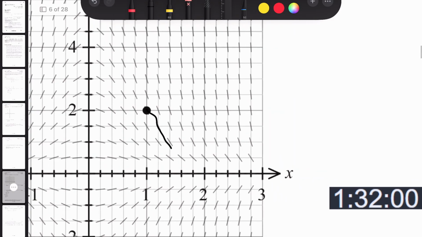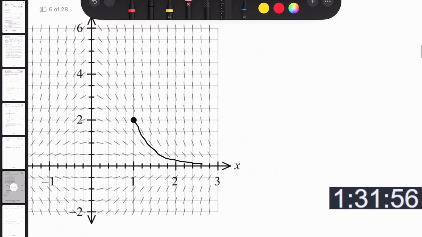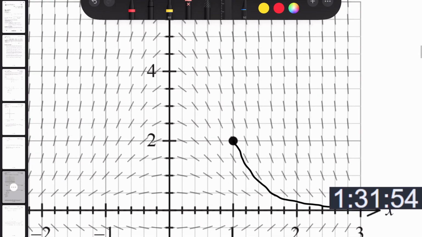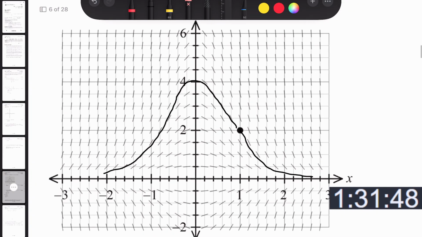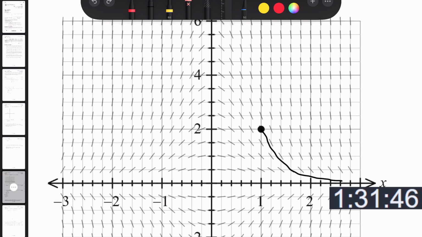Let's see if it curves off. Like that. Doesn't look like it. I guess it does though. And then maybe something like this. I'm going to guess it's symmetric. Actually, wait, I can just check.